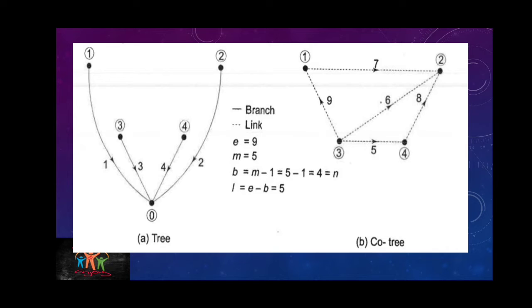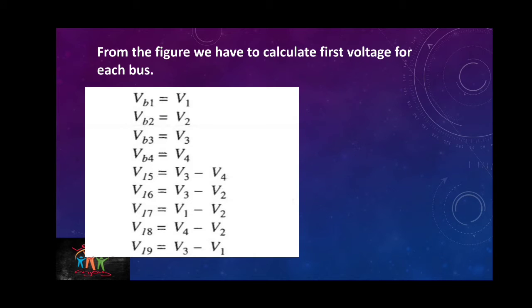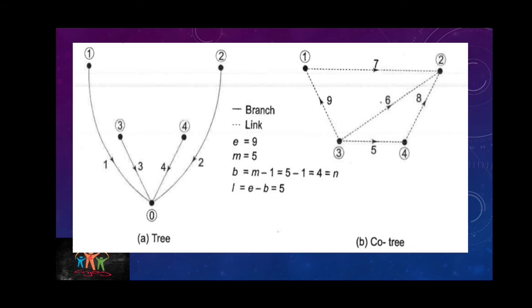Now we want to find V15. We are going through this figure. Link 5 is connected between node 3 and node 4, so we can write it as V3 minus V4.